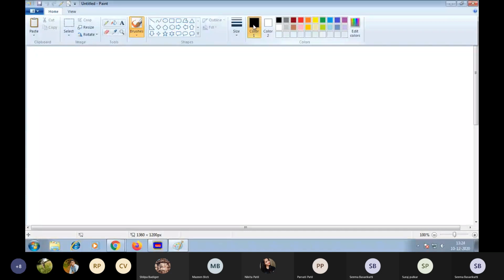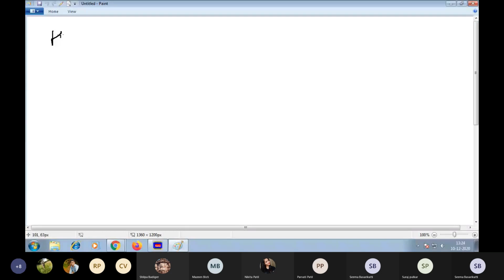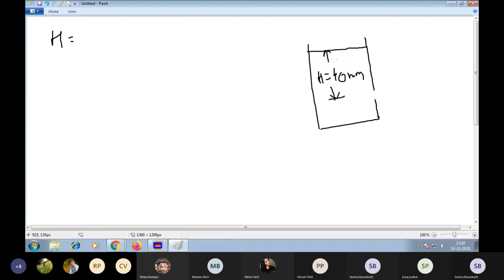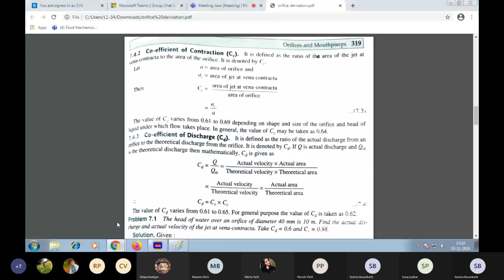Value of H, that is head of water over an orifice. Is it 40 mm?